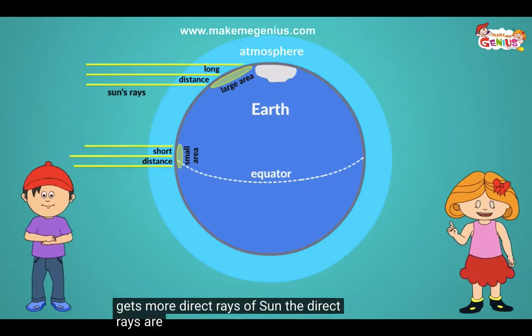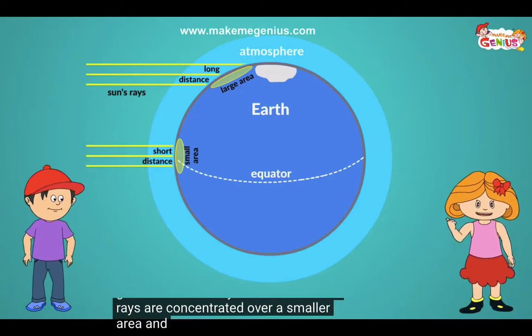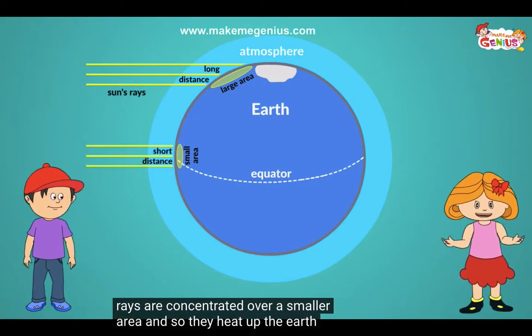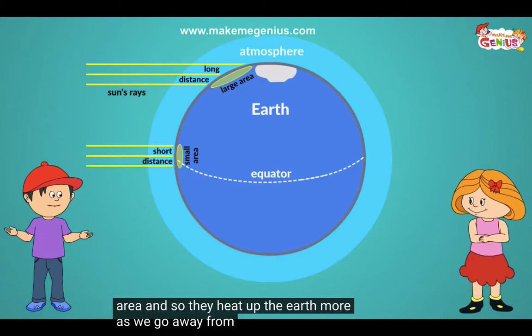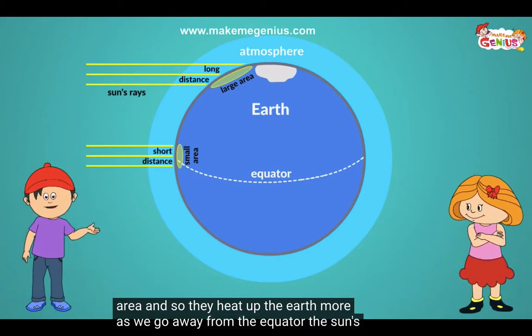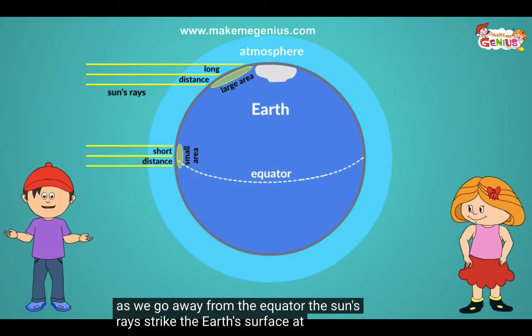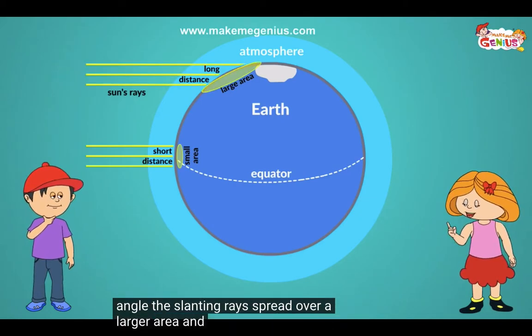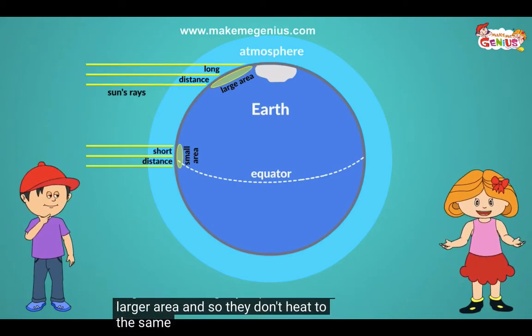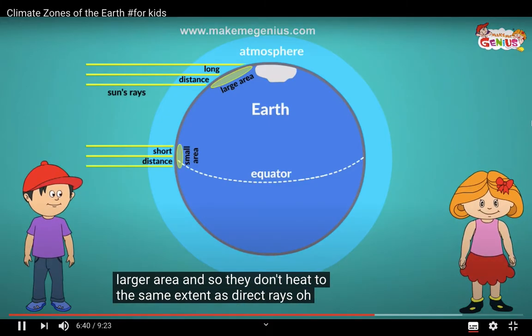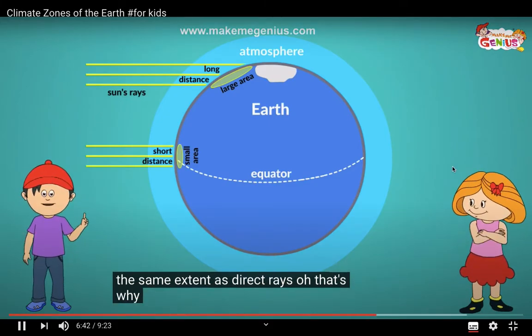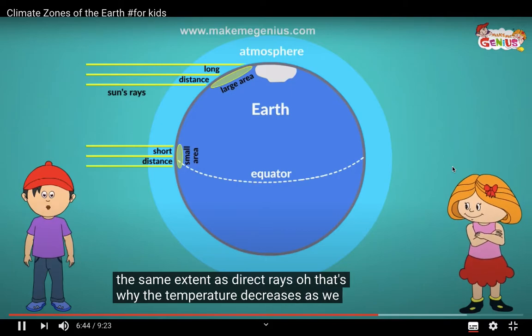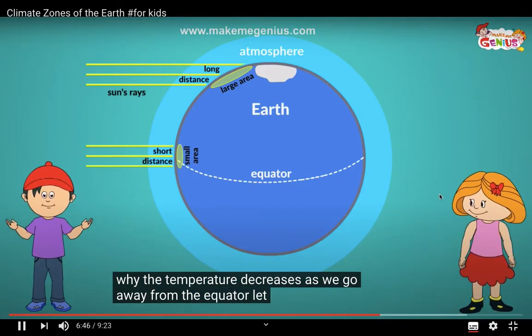The direct rays are concentrated over a smaller area, and so they heat up the earth more. As we go away from the equator, the sun's rays strike the earth's surface at an angle. The slanting rays spread over a larger area, and so they don't heat to the same extent as direct rays. Oh, that's why the temperature decreases as we go away from the equator.